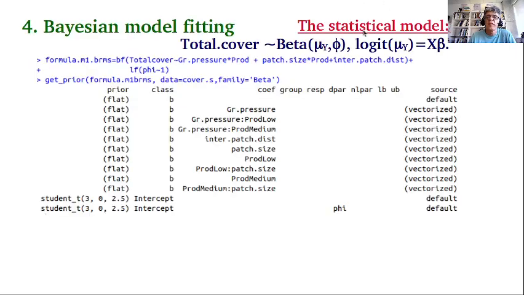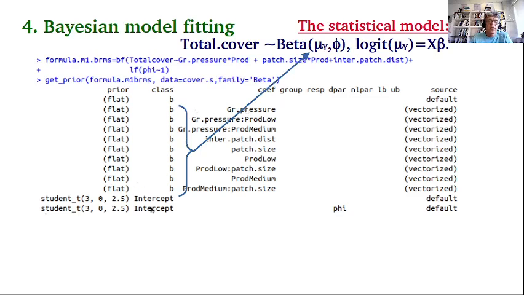For the Bayesian model fitting, the statistical model is the same as was mentioned before, with a logit link function. So here we see all the parameters whose priors we need to define.